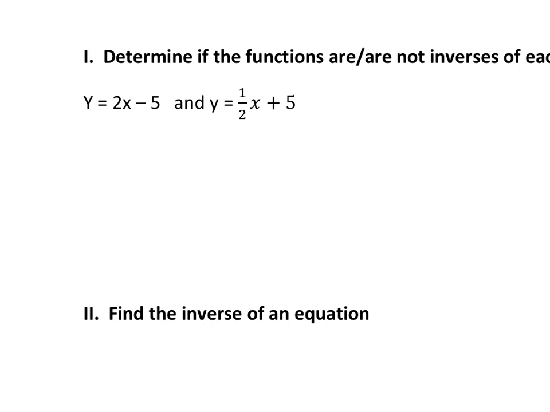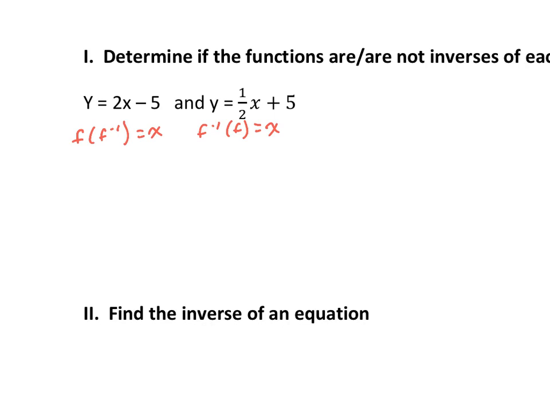So remember, to determine if functions are inverses of each other or not, we have to do f of f inverse, and we should get x as our answer, and f inverse of f, and we should also get x. We've got to plug in. In this case, I've written them as big Y and little y.